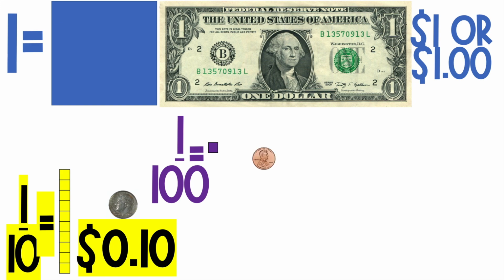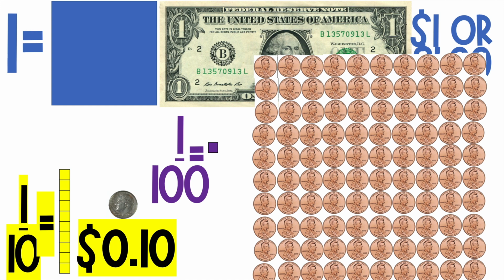Well, what about a penny? It takes 100 pennies to equal $1. So 1 penny would equal 1/100th of a dollar because it takes 100 of them to make $1.